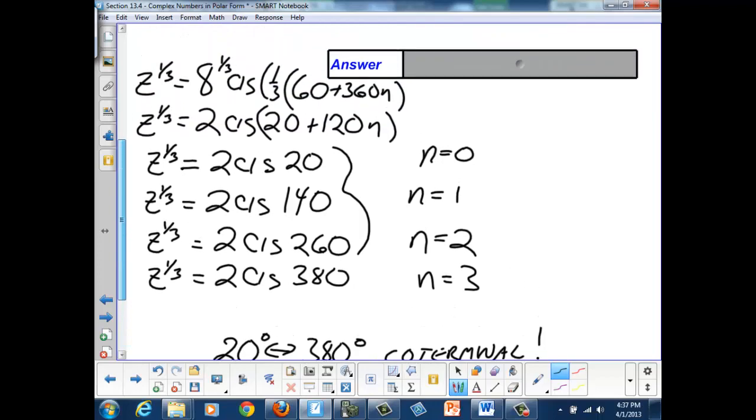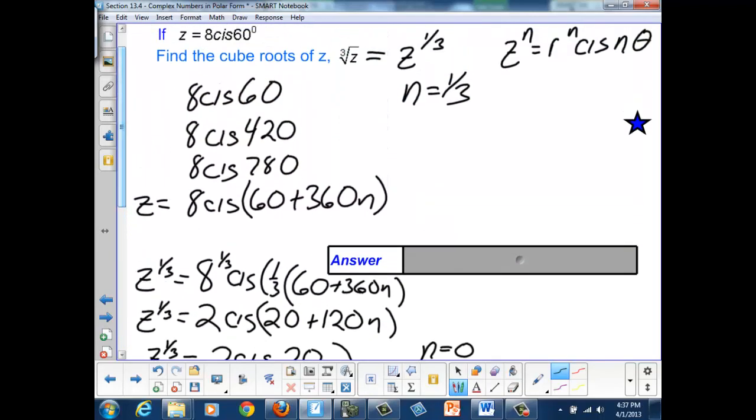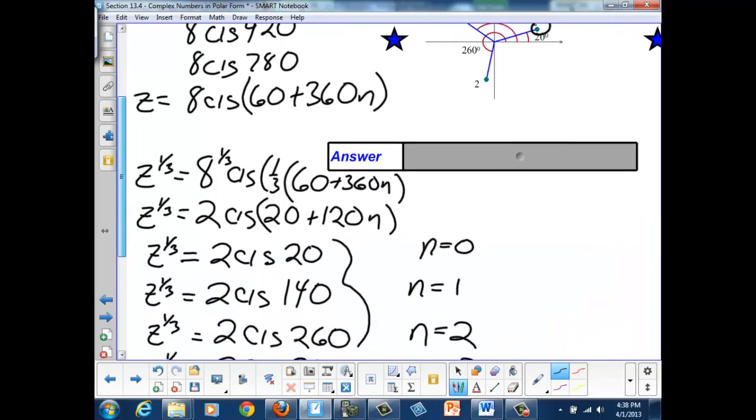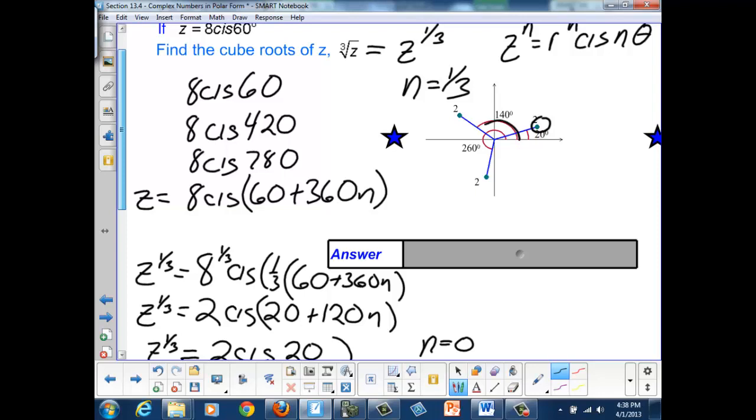If I were going to plot those three values on the complex plane, they would look something like this. Here's my first, 2 units out at 20 degrees. My second answer was 2 units out at 140 degrees. So that's this one right here.